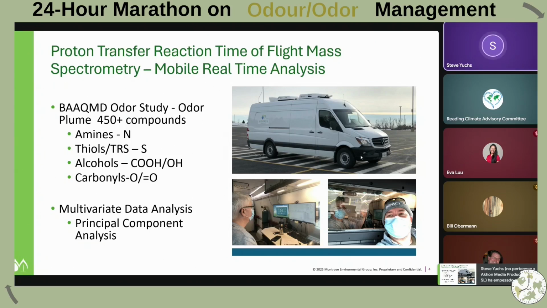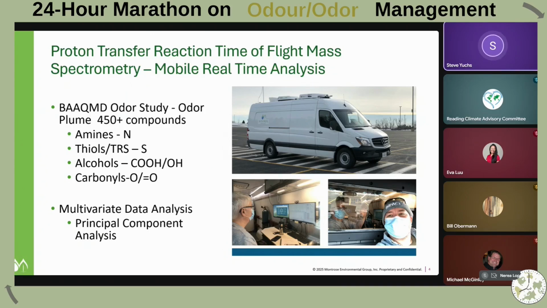So, as we've seen today, there are a lot of different analytical techniques out there for odor analysis: cans, bag samples, nasal rangers, odor panels, just a few. At Montrose, we chose to do a little bit more in terms of direct analytical. We chose to use a mobile proton transfer reaction time of flight mass spectrometer. This platform allows us to perform a variety of analyses from nearly any location.